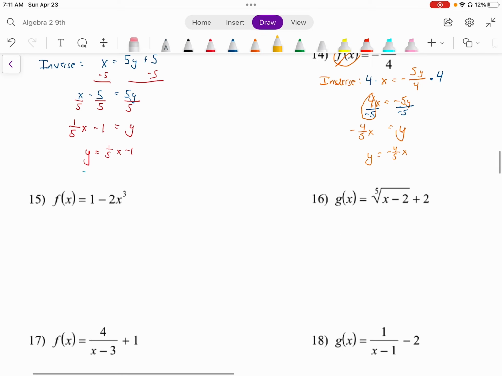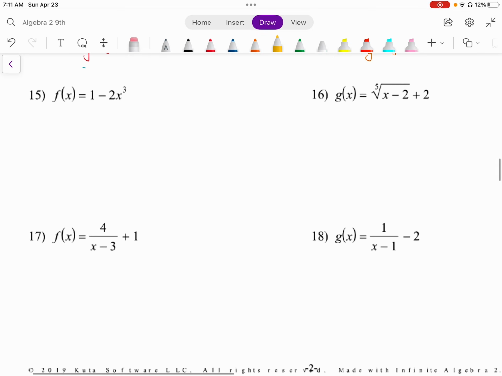Moving on to number 15. We're going to think of this as y. So our inverse, we switch x and y. And so this will say x equals 1 minus 2y cubed. And we want to solve for y. Well, we can subtract 1 from both sides.